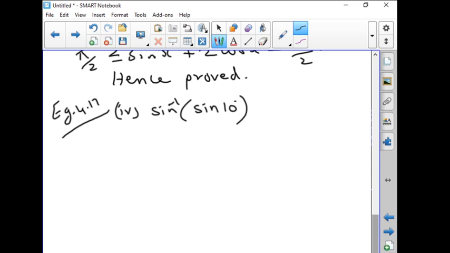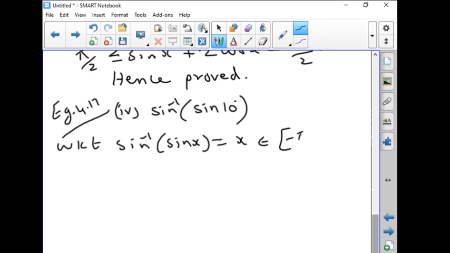Now here we know that sin inverse of sin x is equal to x, where x belongs to minus pi by 2 comma pi by 2. Now what is pi by 2? If you consider the approximation, it is 3.14 by 2.